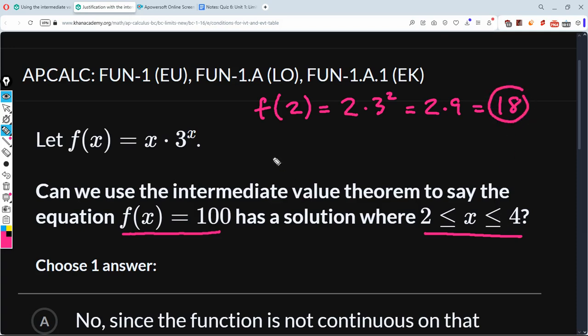And now let's try f of 4. That's going to be 4 times 3 to the 4th, and that's going to be 4 times 81, which is 324.